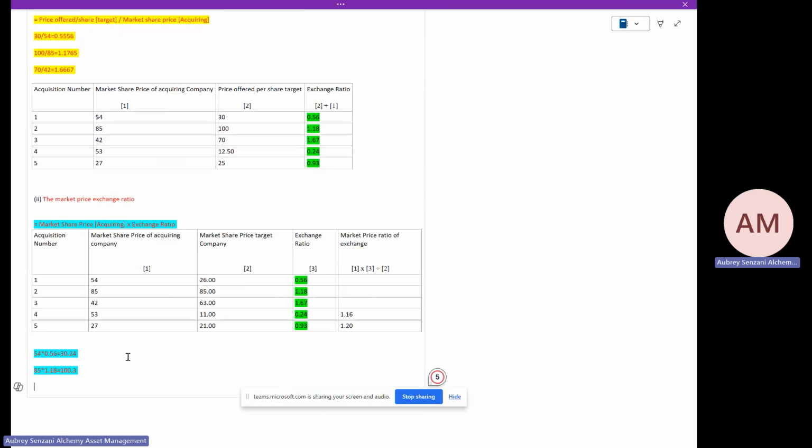And then the last one, 42 times 1.67 gives us what? So here we have it: 30.24, 100.3 cents, 70.14. And that, ladies and gentlemen, is exercise 7.4.